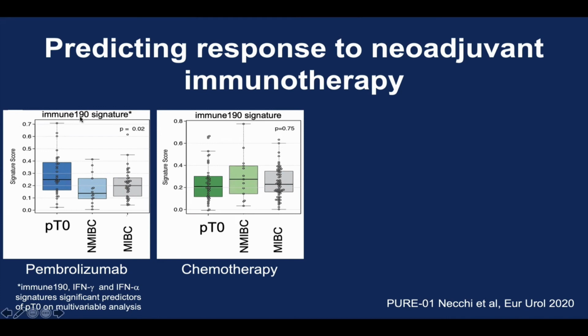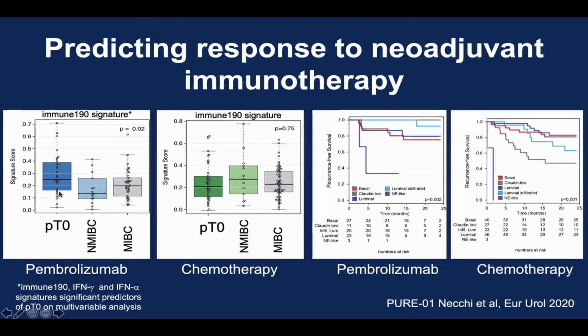And again, looking just at immune gene expression, patients who after pembrolizumab have no residual disease have a higher immune gene expression compared to those with residual non-muscle invasive and muscle invasive disease. With chemotherapy, we don't see that. They're sort of all awash.